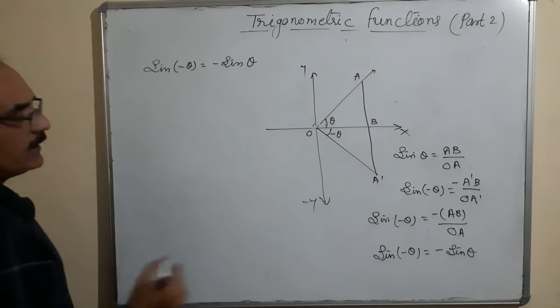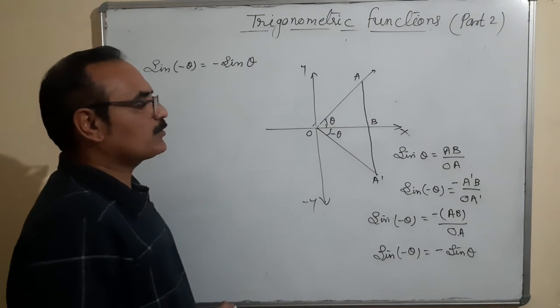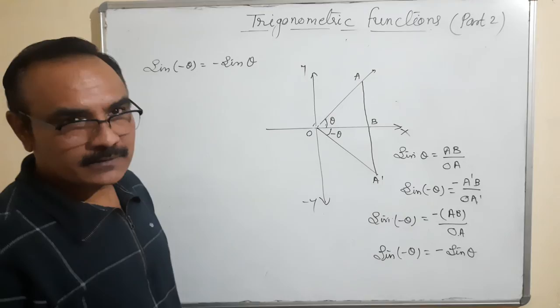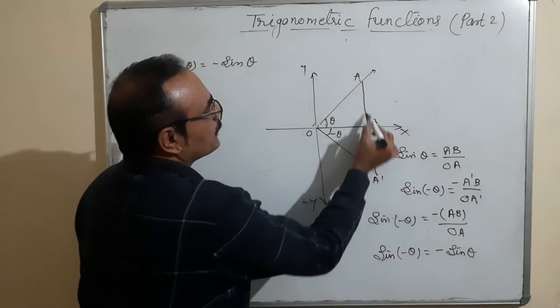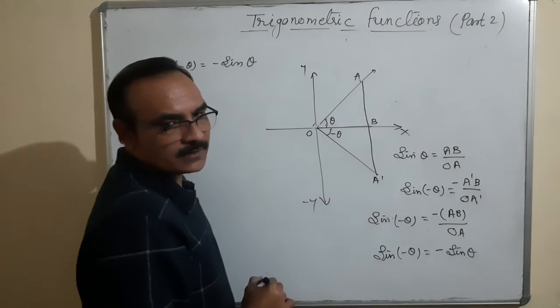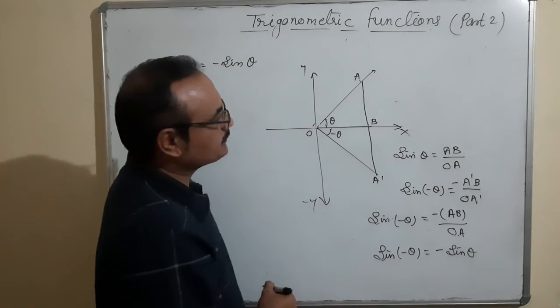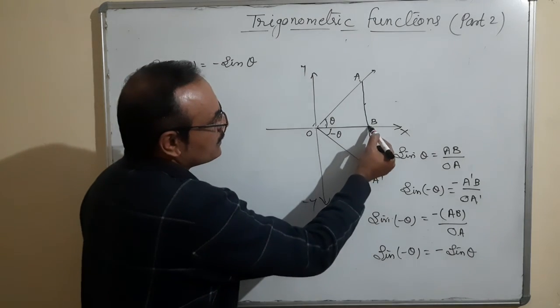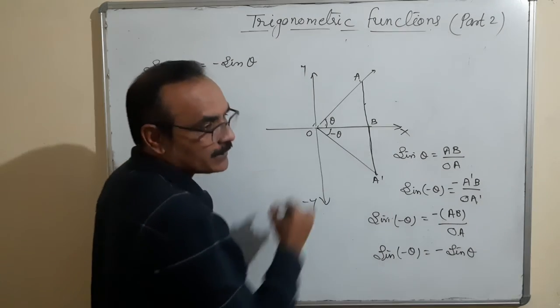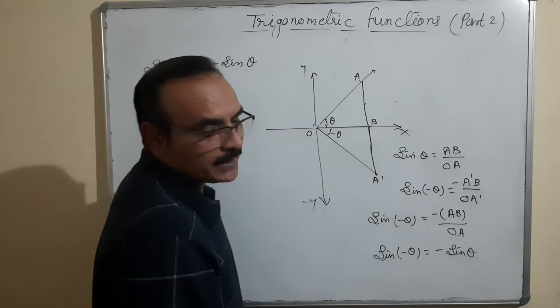And how many terms here? Suppose when we are talking about tan, then what happens? Tan theta is equal to perpendicular upon base, or opposite side upon adjacent side. Both are positive. Tan minus theta, same situation, this is negative, it is positive. Same situation can be written like this.